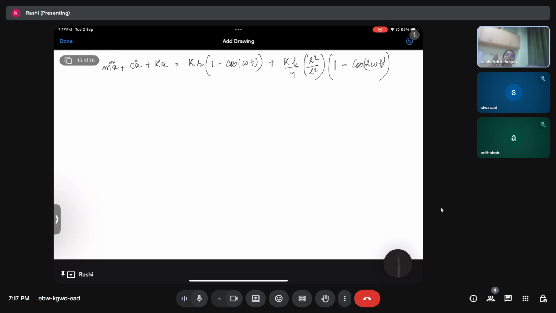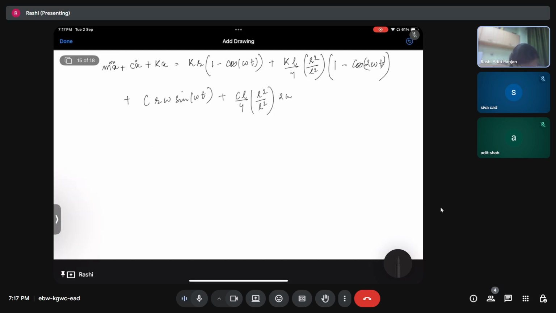Okay, so if we differentiate it with respect to time, what are we going to get? Plus c r omega sine of omega t plus c L by 4 r square by L square.